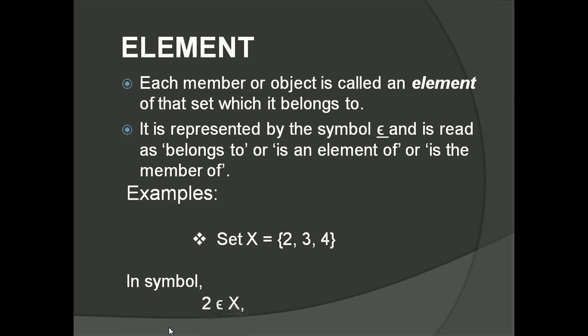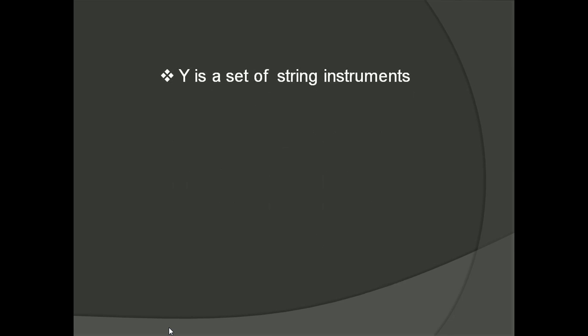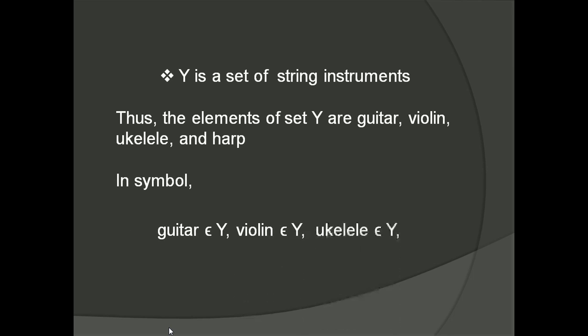In symbols, 2 ∈ X, 3 ∈ X, and 4 ∈ X. Another example, Y is a set of string instruments. Thus, the elements of set Y are guitar, violin, ukulele, and harp. In symbols, guitar ∈ Y, violin ∈ Y, ukulele ∈ Y, and harp ∈ Y.